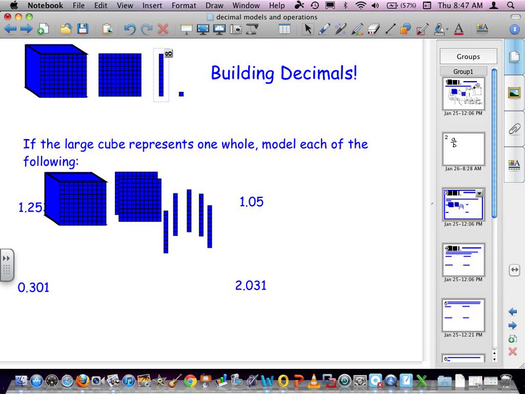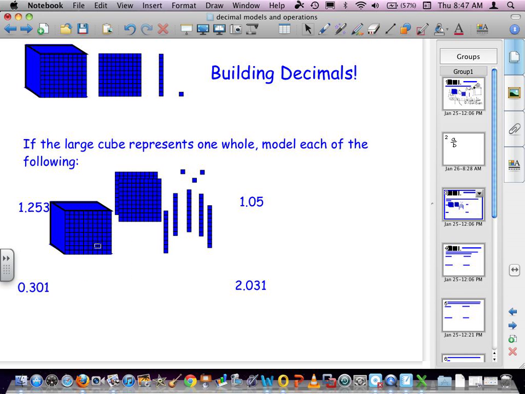And 3 little cubes. Okay, so we have 1, we have 2/10, 5/100, and 3/1000.